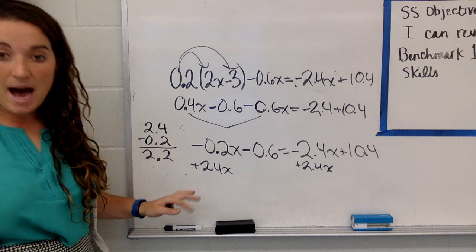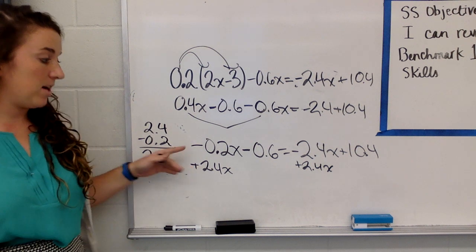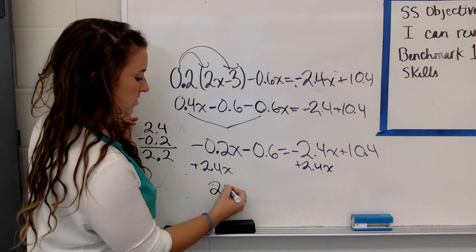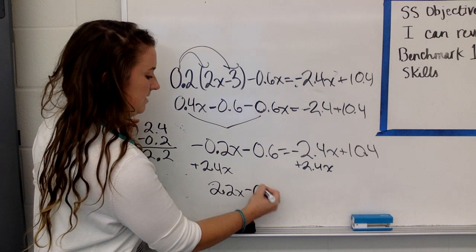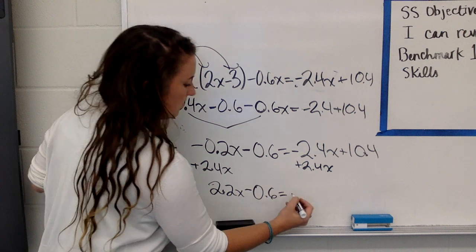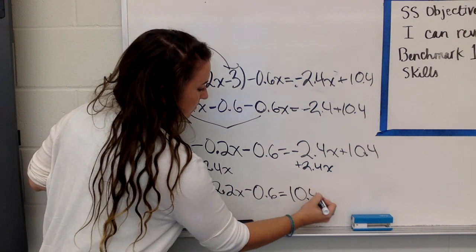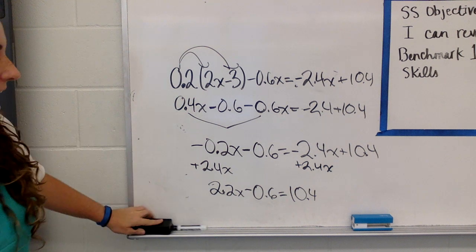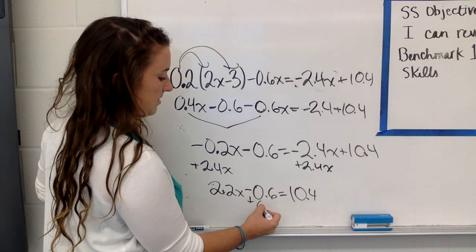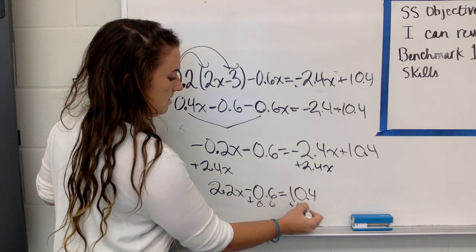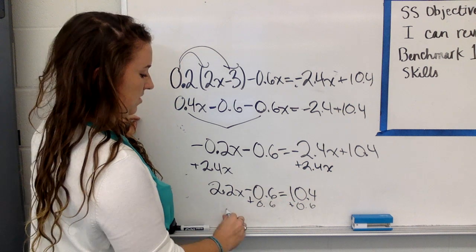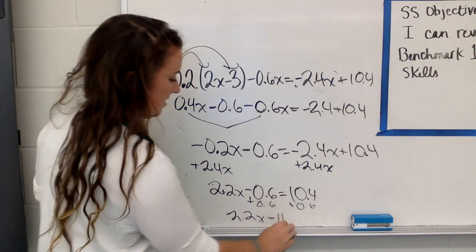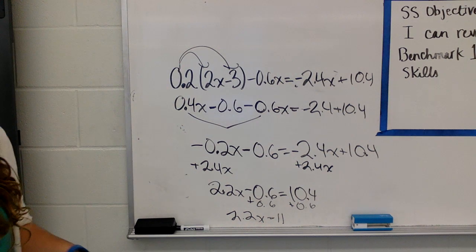Your answer will be positive because 2 and 4 tenths is bigger than negative 2 tenths. So you end up with 2 and 2 tenths x minus 6 tenths equals 10 and 4 tenths. Now what can you do? You can add 6 tenths to both sides. You'll end up with 2.2x equals 11. Go ahead, try and solve it from there.